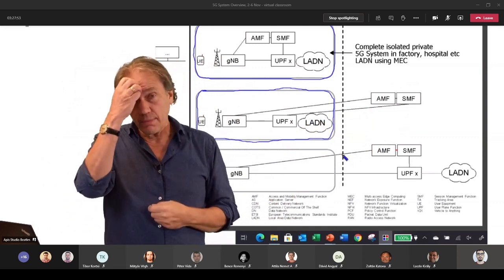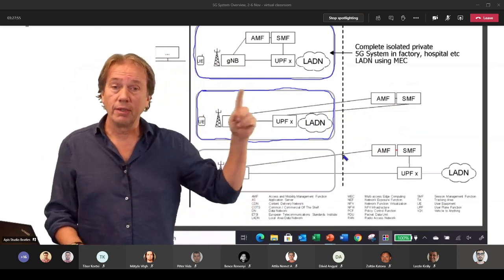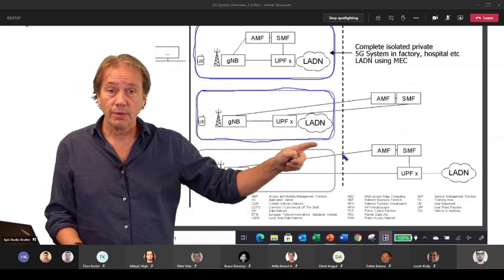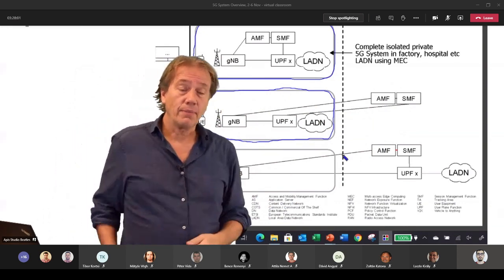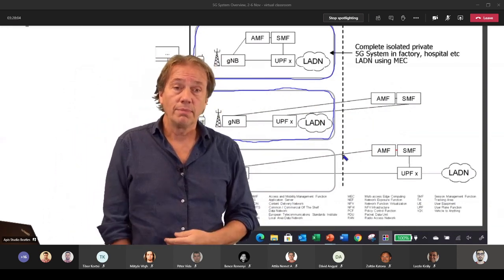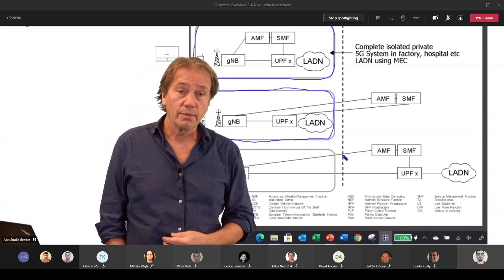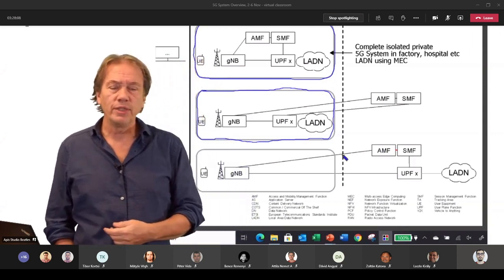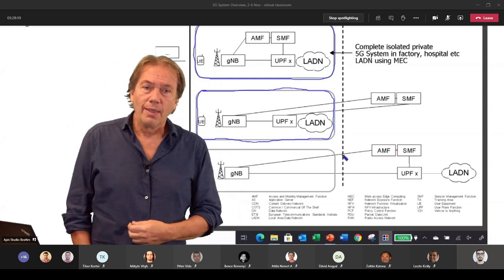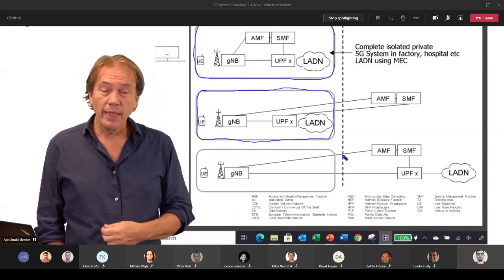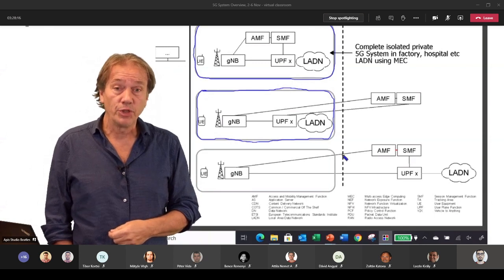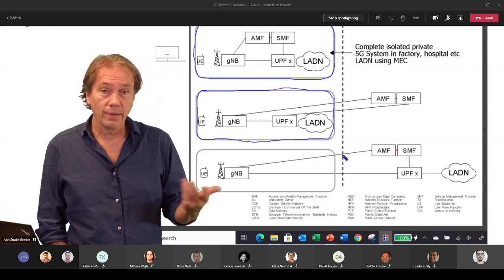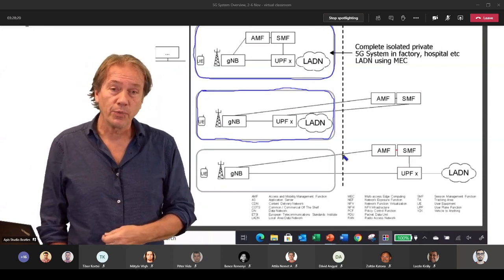Maybe this is a factory or a hospital who contacted some telecom operator and say that we have heard about 5G and we think it sounds like a great idea, but we don't really know anything about 5G, and we for sure don't want to buy and manage our own 5G network.